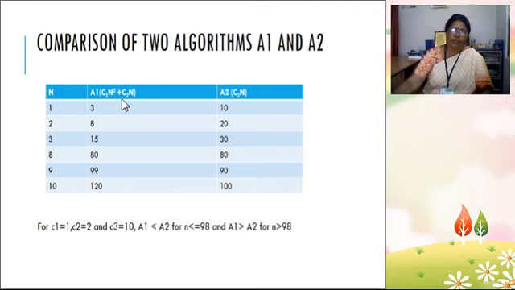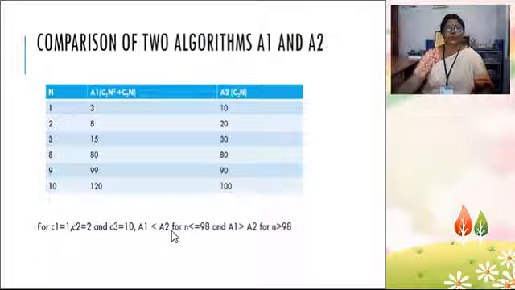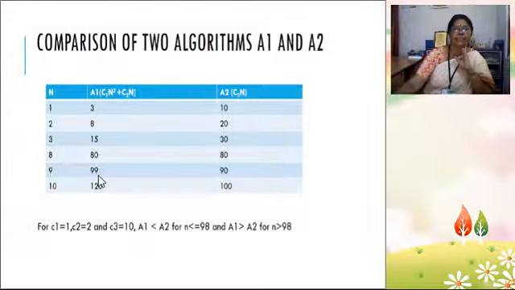Now let us assume the values of constants C1, C2 and C3 as 1, 2 and 10 respectively. You could see that A1 is less than A2 for n less than 98.